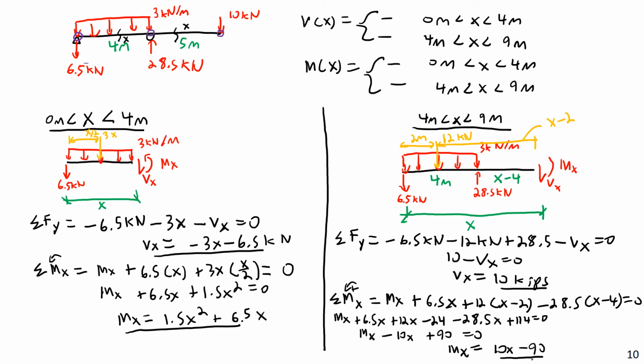I then want to rewrite these as unified piecewise functions. So V as a function of x for this problem. Let me write these out with the regions first. I'm going to have one function when x is between 0 meters and 4 meters, and one when x is between 4 meters and 9 meters.